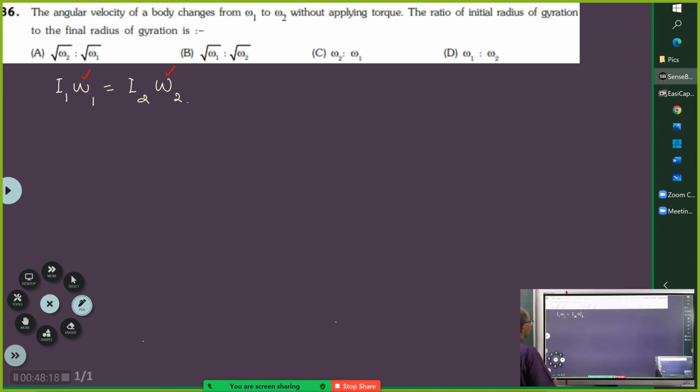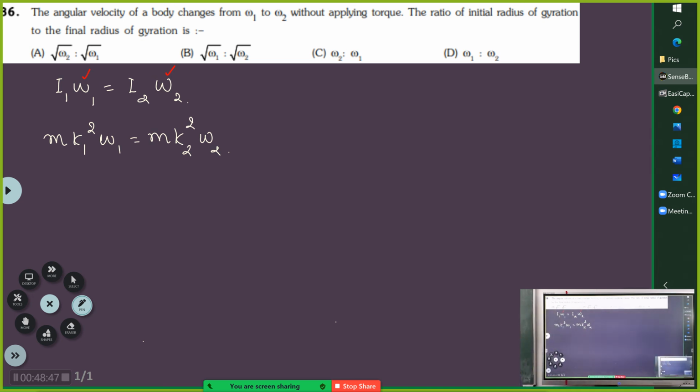So what will I1 be in terms of radius of gyration? It will be m1 k1 square. Of a body they have told, so I will not take separate masses; I will just take m k1 square omega 1 is equal to m k2 square omega 2, in terms of radius of gyration.